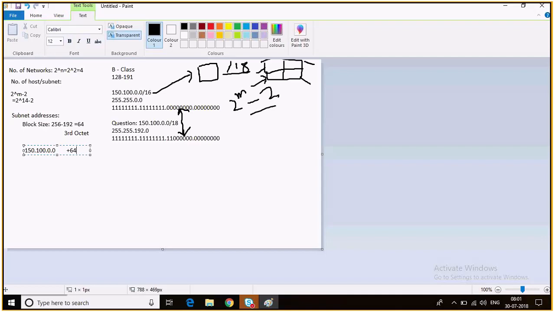I'll add 64 to the octet which is the interesting octet. Write 150 dot, the interesting octet is the third octet, so I'll add 64 to this third octet. So it will be 150.100.64.0, right? It will not be 150.100.0.64. That will be completely wrong.